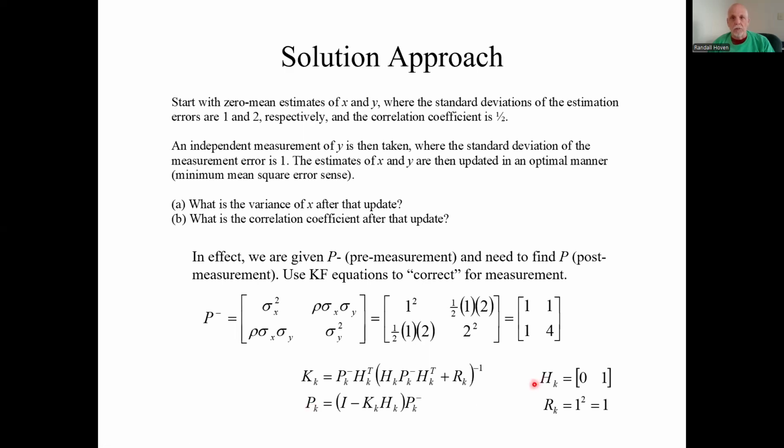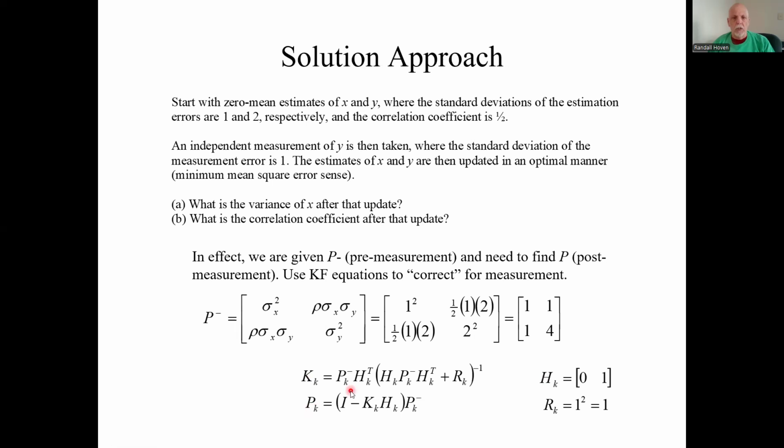What is H here? If we do it in this order, X and Y, that's our little vector, X over Y. And then the H, what we measured is Y, so the H is this 0, 1. The R is the measurement error, and that was just, I think, everything we needed, right?